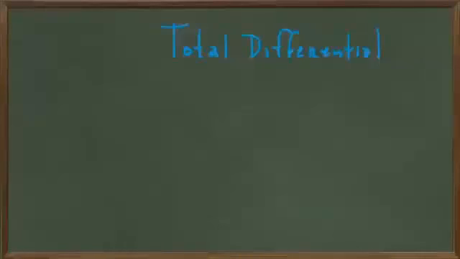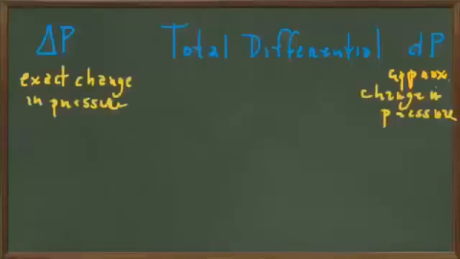In this video we're going to look at what is called the total differential. The notation for it is dP, and we're going to contrast that with a change in P, being pressure, which we would designate as delta P. The significance of these two different entities is that delta P is the exact change in pressure, and dP is the approximate change in pressure.